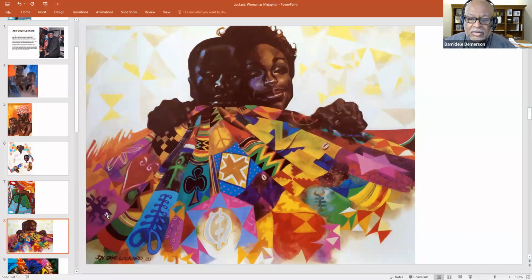You know, the kente cloth is woven in narrow bands, and the narrow bands are then sewn edge to edge to form the larger piece of cloth. And so in this case, he's reminding us that African women, or African American women, have carried forth their inheritance of an aesthetic vision from the continent of Africa.